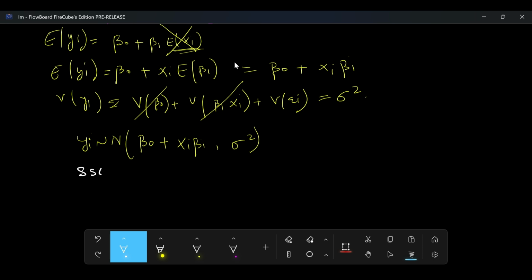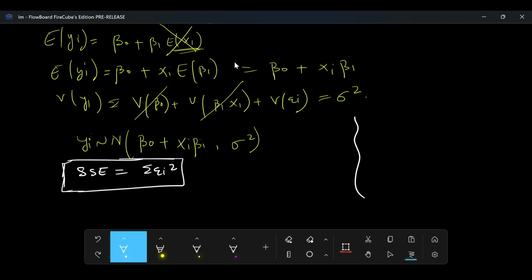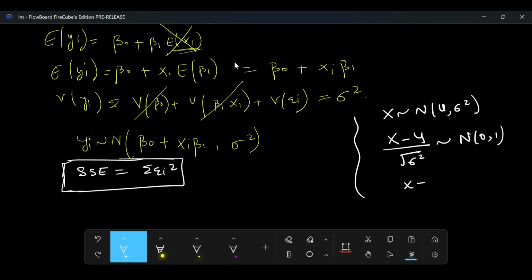अब what is SSE, that is summation ei square. ठीक है, ये भी आपको पता है. Now from the sampling distribution chapter there is a concept that if x follows normal mu comma sigma square, then x minus mu upon under root sigma square will follow normal 0 comma 1, and x minus mu upon under root sigma square whole square will follow chi square 1, as you know this.